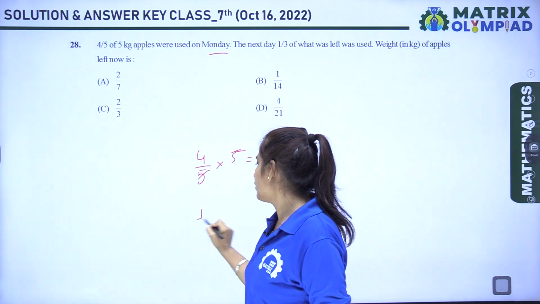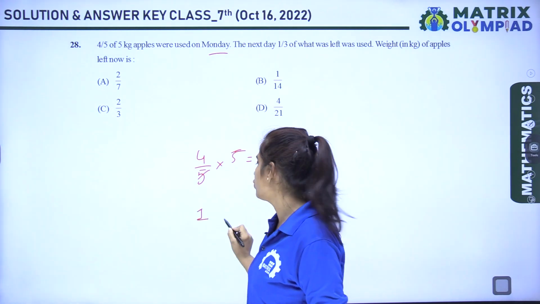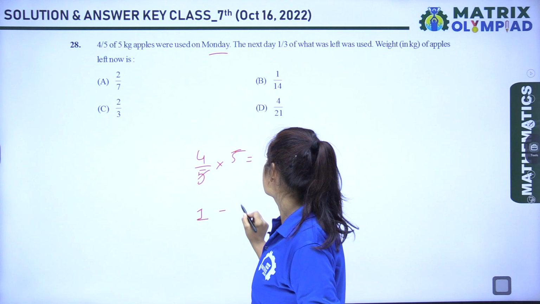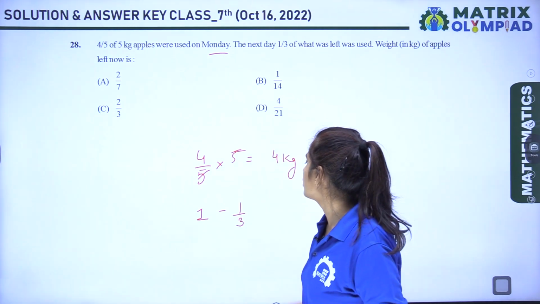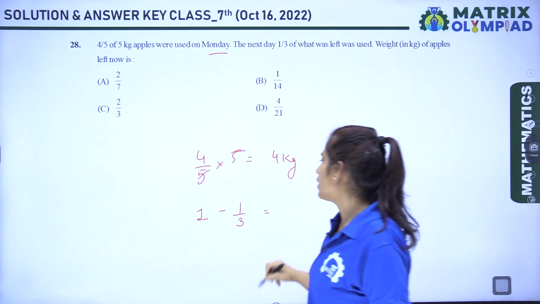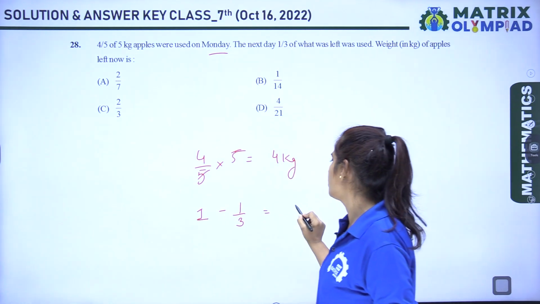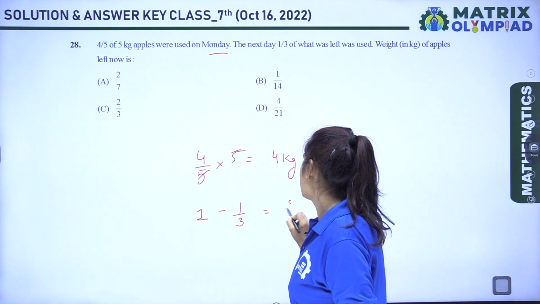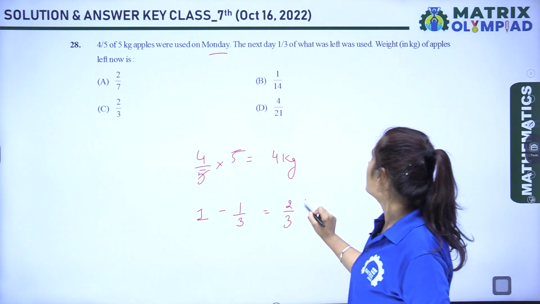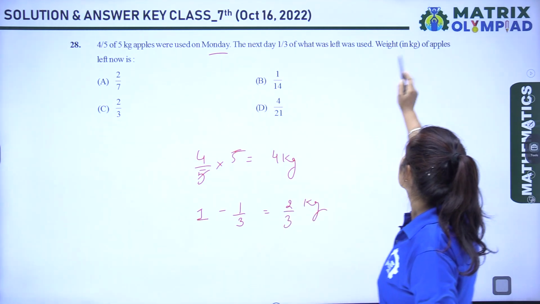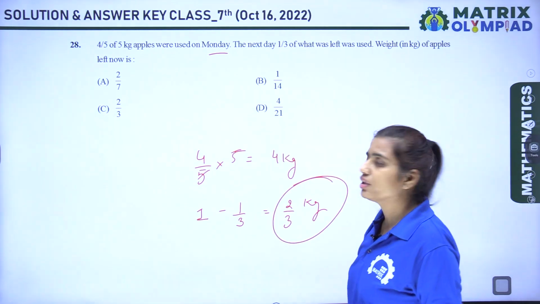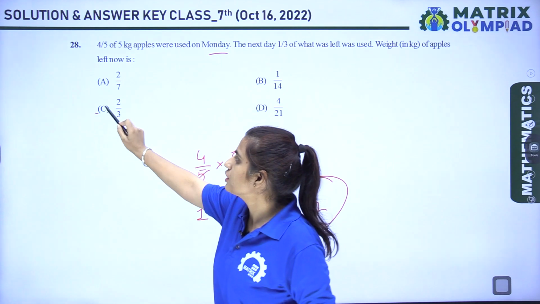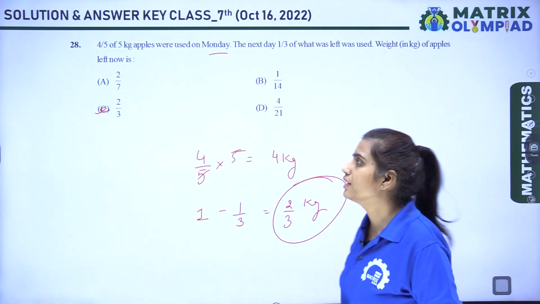Now the left apple was 1 kg and in this we are going to use 1/3. So here after calculation we get 2 by 3 kg. Now the weight of the apples left now. So 2 by 3 kg is left now. So here option C is the correct answer.